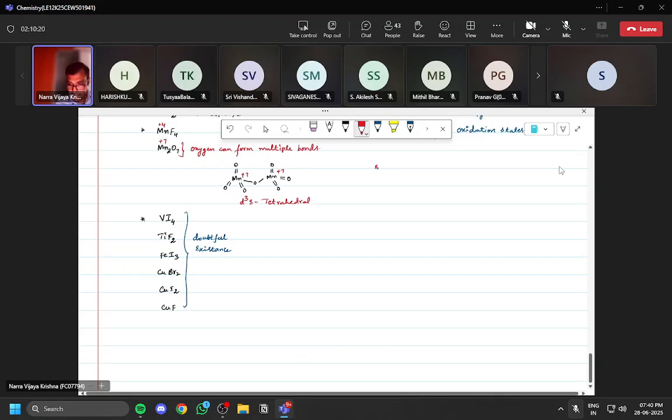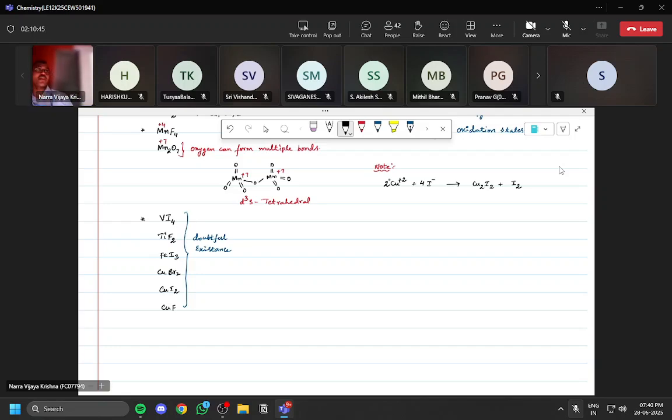Note. Copper +2 plus I minus gives rise to what I will write? Cu2I2, correct? Plus I2. So I am writing 4I minus plus 2 copper +2.